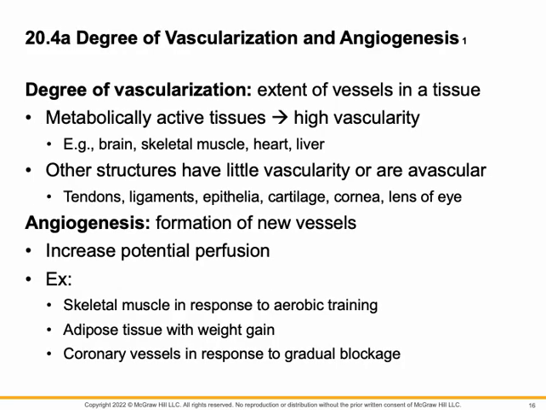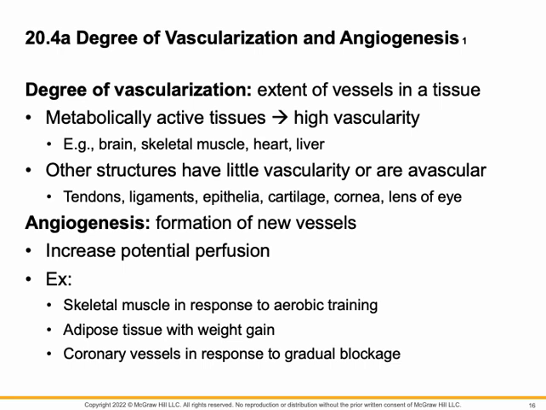So first thing is the degree of vascularization, right? So vascularization is essentially saying the number of blood vessels in a given tissue, right? Typically, you can think of it in this context. If a tissue is more active in the sense that it requires more oxygen, it makes more ATP, it's more metabolically active, then that tissue is going to have a greater vascularization, right?